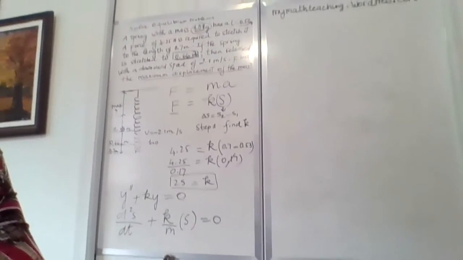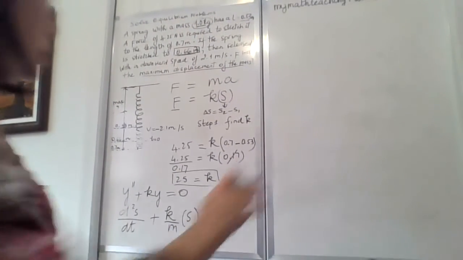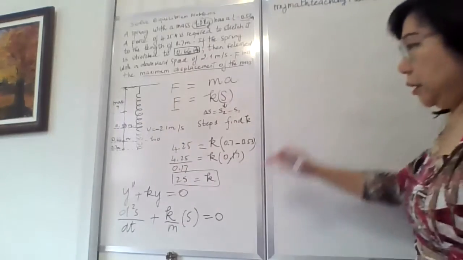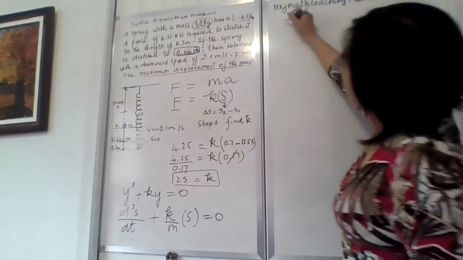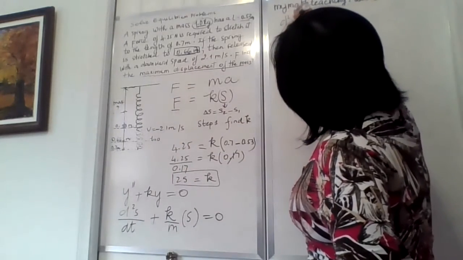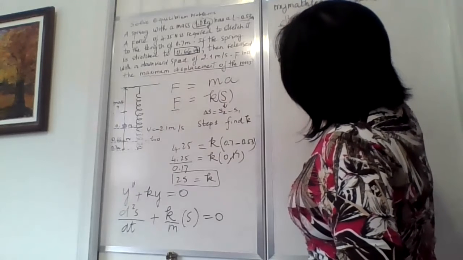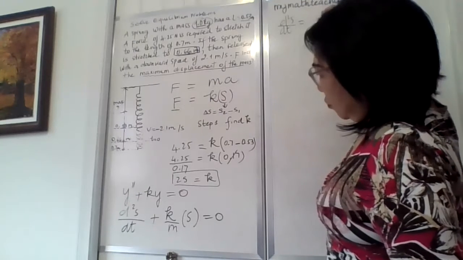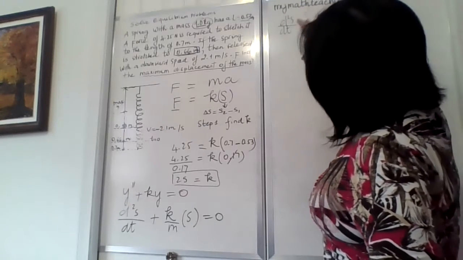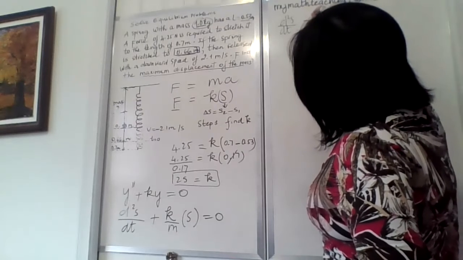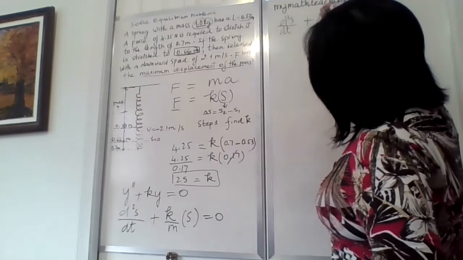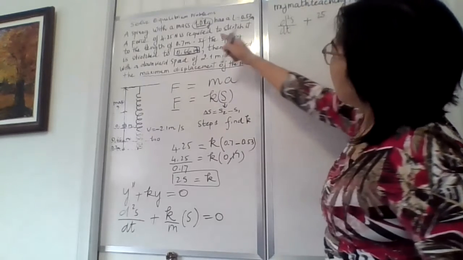Let me rewrite it: d squared s over dt squared equals minus our k, which is 25, divided by the mass.